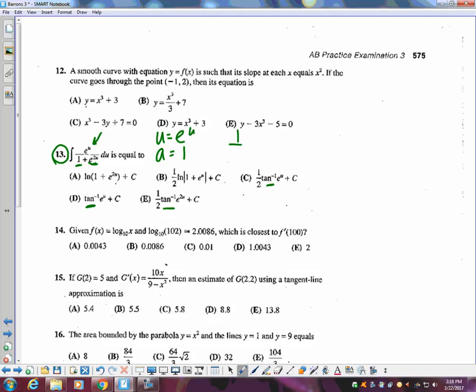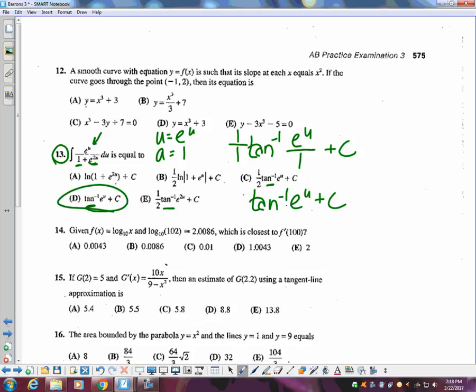So 1 over a, so 1 over 1, tangent inverse of u, which is e to the u, over a, which is 1, plus c. So 1 over 1 is 1, so tangent inverse e to the u plus c. That's D.